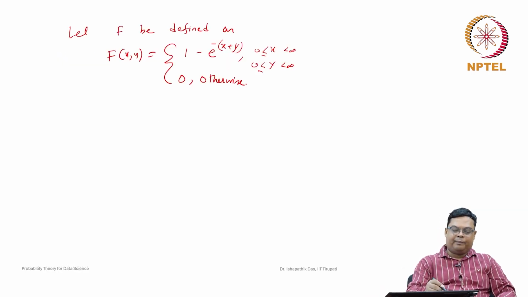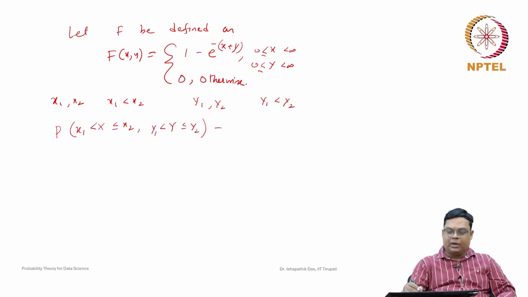The 7th property says that if you consider 2 real numbers x1, x2 such that x1 is less than x2, and 2 real numbers y1, y2 where y1 is less than y2, then if you find the probability of x less than or equal to x2 greater than x1, comma, y less than or equal to y2 greater than y1, this probability is nothing but F_XY of x2, y2.